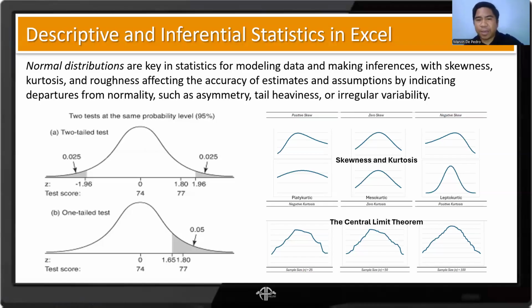For example, this one has 25 sample points only. If we increase it from 25 to 50, as you can see, it becomes more normal. This one is more normal than the first one. If we double it further to 100 data points, then this one becomes more normal.